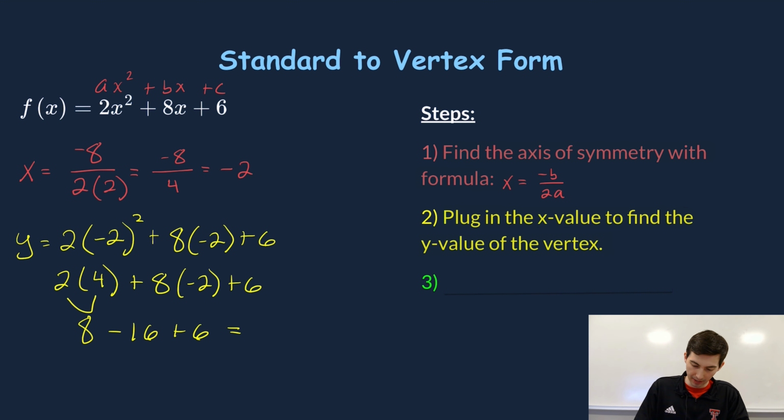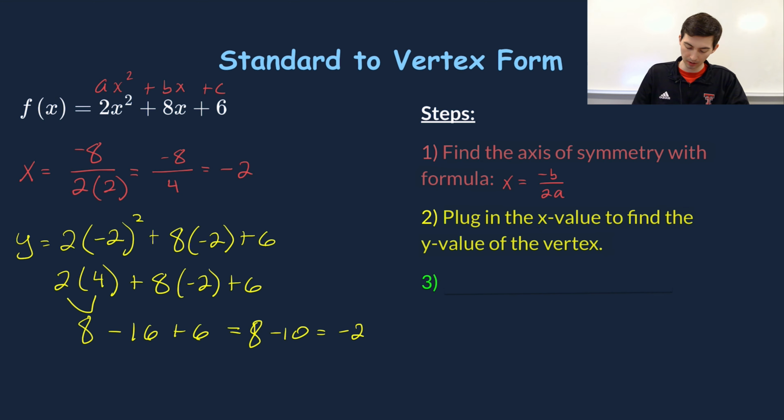And then I can group these to say 8 minus 16 plus 6 is going to give me 8 minus 10, which is just going to give me negative 2. So my vertex point is at the point negative 2, negative 2.